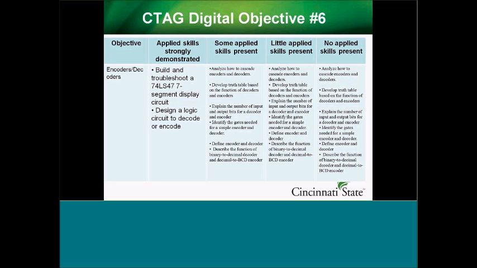So looking at this, the objective here, encoders, decoders. I didn't talk about encoders too much here, because basically encoders are nothing more than demuxes. It's a very similar situation. You just invert them. And I usually just talk very briefly about encoders. I don't go into more complicated topics like priority encoders, things of this nature.